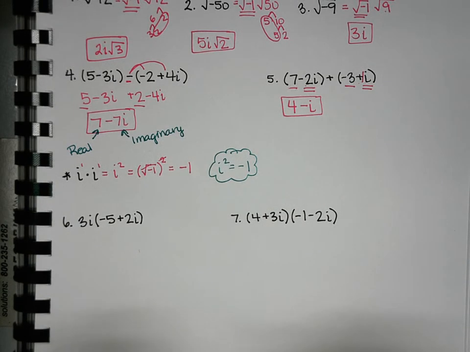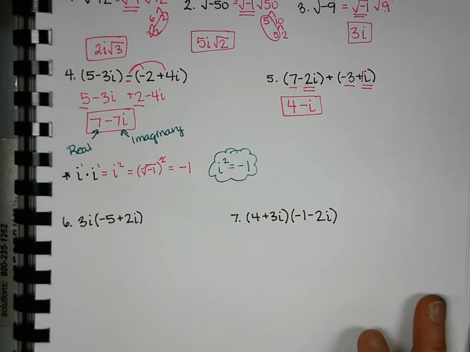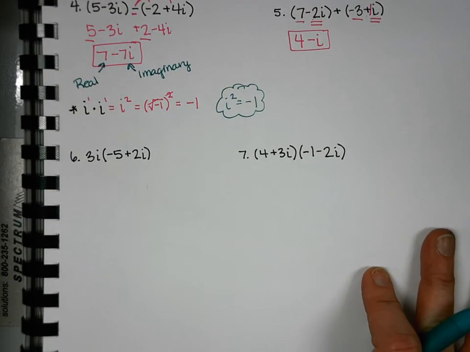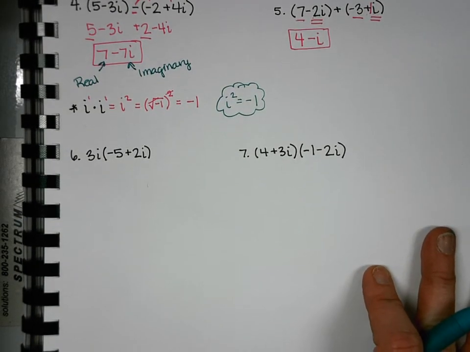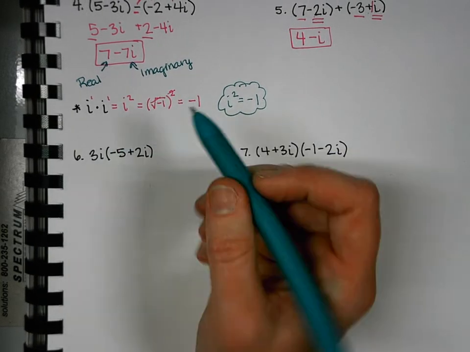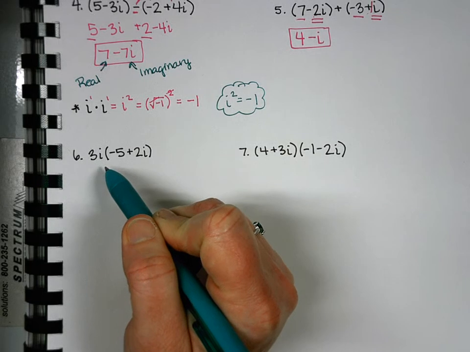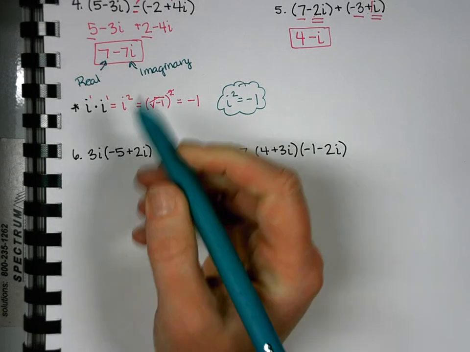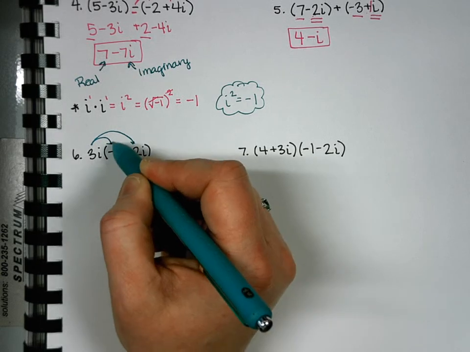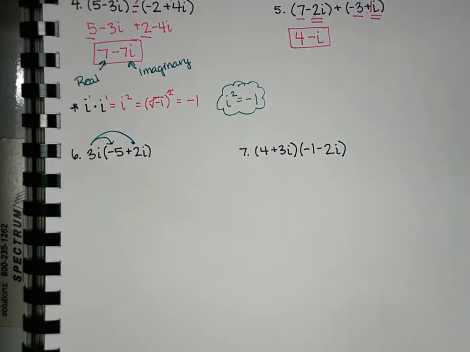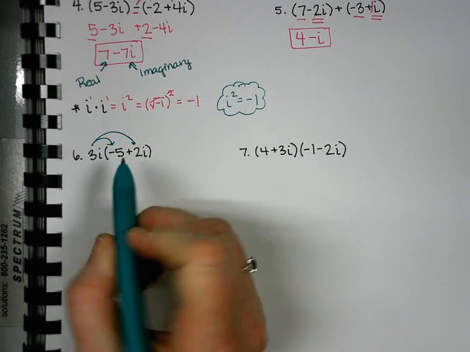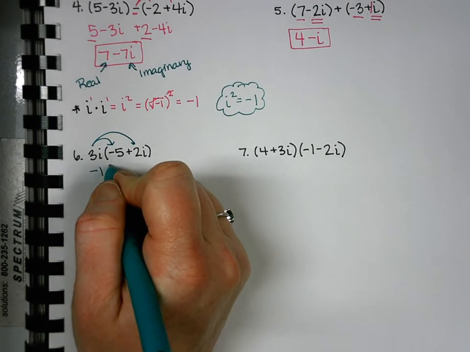So if we look at ones like number 6, how would we do this if we didn't have imaginary? You do the same thing. You distribute. So 3i times -5 is -15i.